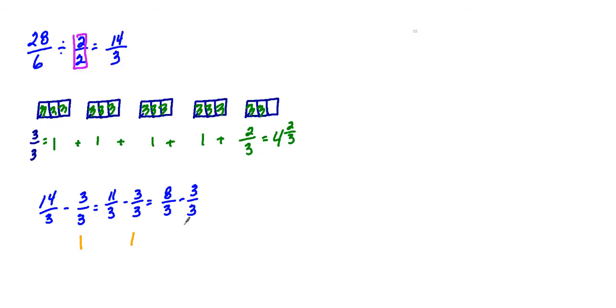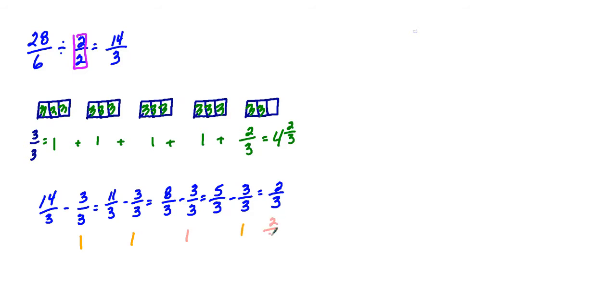So I take 3/3 away. That's 1 whole. And I have 5/3. And I can take 3/3 away from 5/3. There's another whole. Take away the 3/3. 5 minus 3 is 2/3 left.